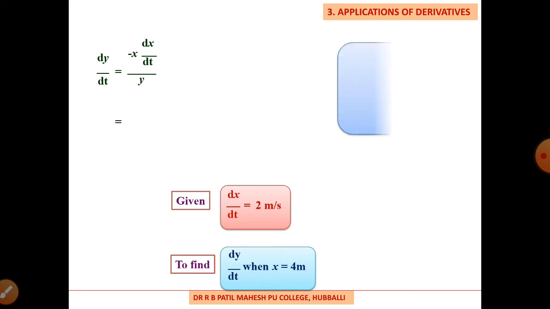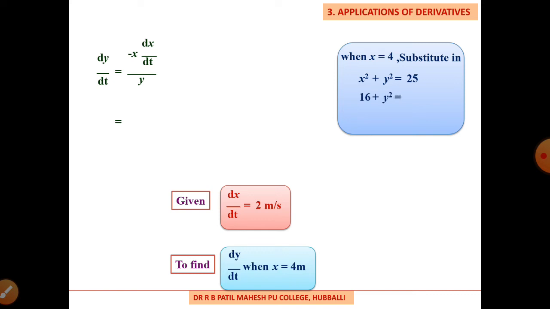When x equal to 4, substitute in equation number 1, x square plus y square equal to 25. Put x equal to 4, so we get 16 plus y square equal to 25. So y square equal to 9, or y is equal to 3.